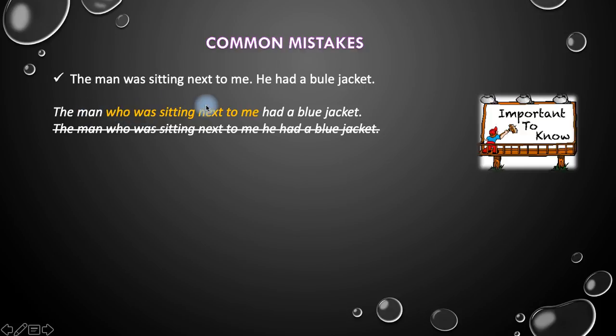The man who was sitting next to me had a blue jacket. We do not use he again. We do not repeat he in the sentence with the relative clause because we have who instead of he. The man who was sitting next to me, he had a blue jacket. No, that's not correct. So be careful about that. Do not repeat pronouns.